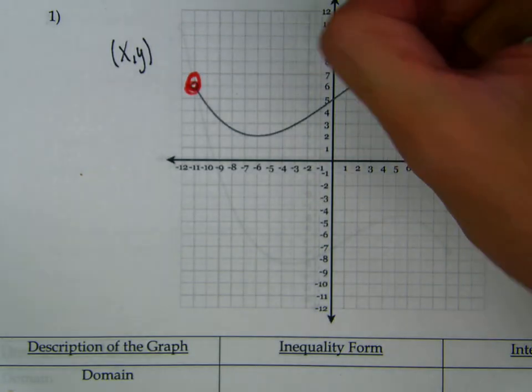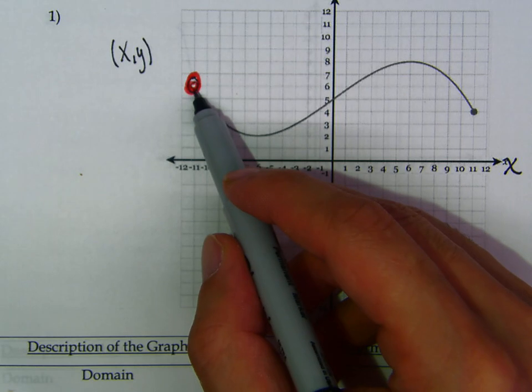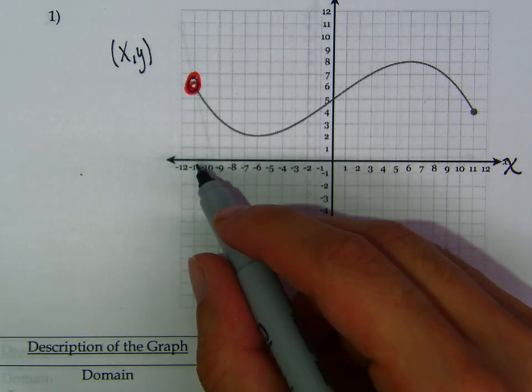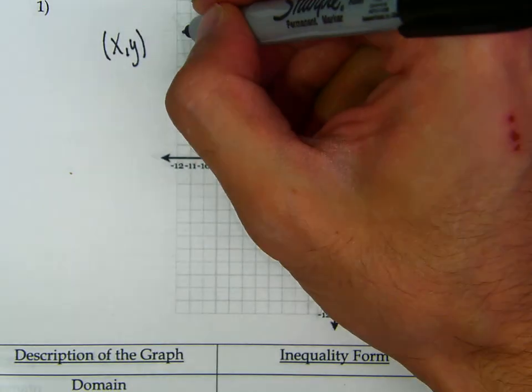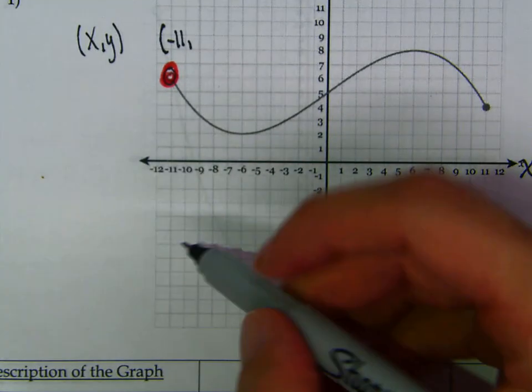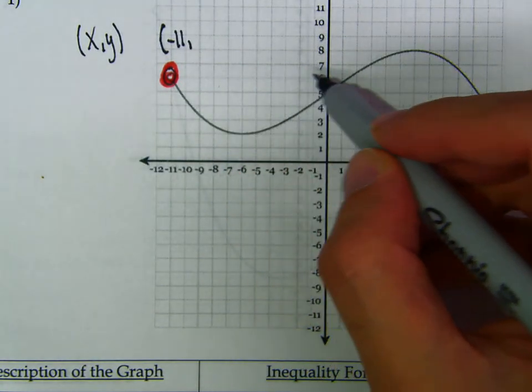This is the y-axis. Pause the video. What is the x value of this point? It looks like it's -11. So the x value is -11. And what is the y value of this point? It's 6.